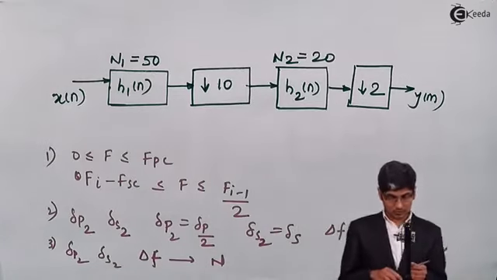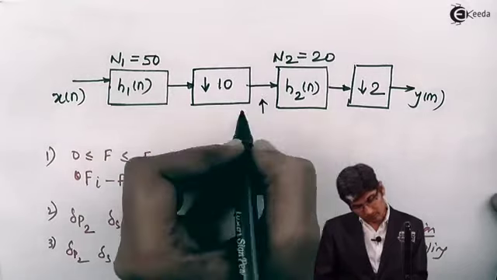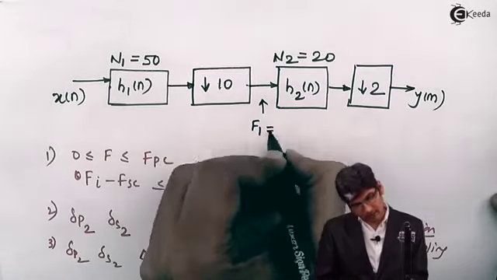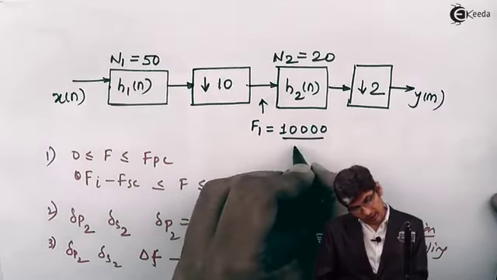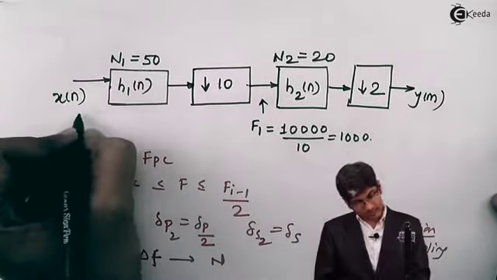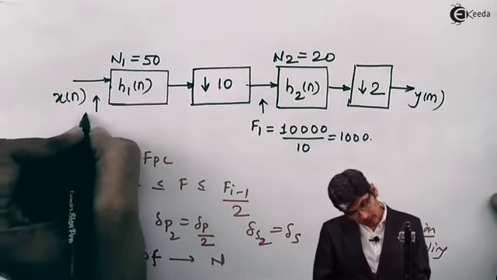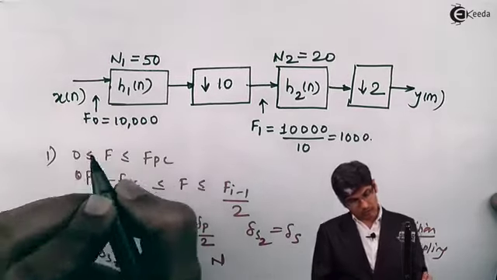Please remember the input sampling rate of that particular stage. At stage 1, this will be my F0, which is 10,000. This will be my F1, which is 10,000 divided by 10, which is 1,000.